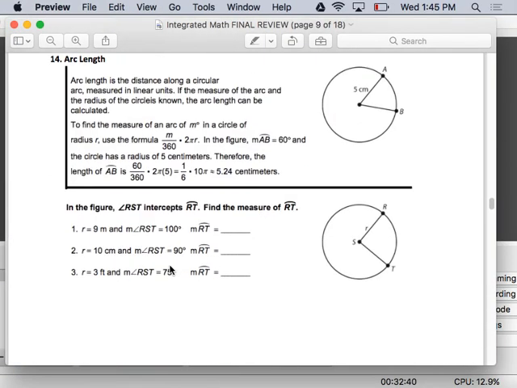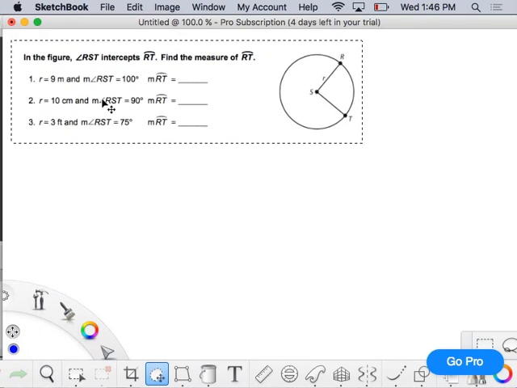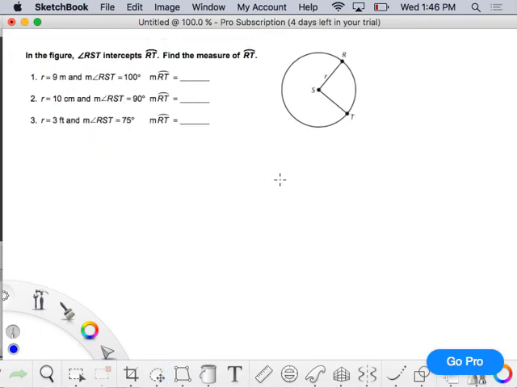Now, you guys got to pay attention to this. Arc length.